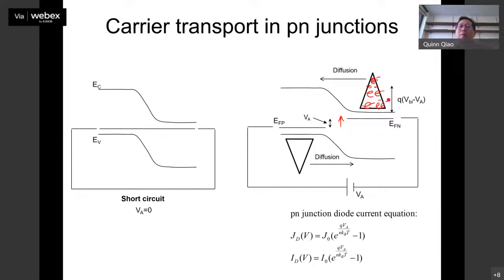You push the electron up, and the electron has potential energy to come down here, which is what you see there. That's why the diode equation is I equals I0 times e to the qVA over nkT. That's why it's exponential in VA. When you apply this VA, it pushes everything up, and that's why electrons flow down easily. It's the same concept.